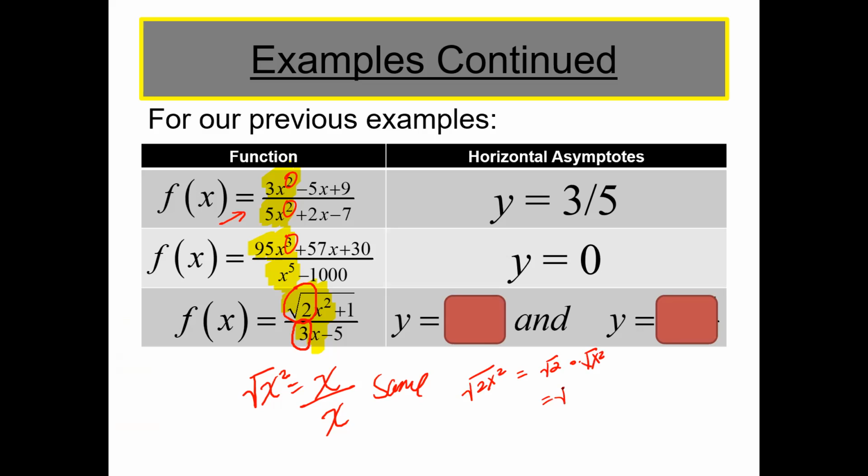So that's the square root of 2 times x. So the coefficient is the square root of 2. The denominator is 3x. And if you look at the powers, they're exactly the same. So you're looking at the leading coefficients, which give you the square root of 2 over 3.